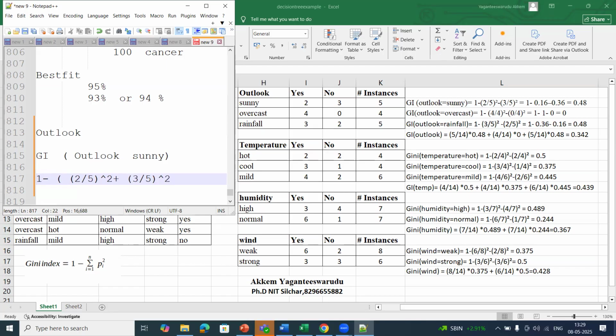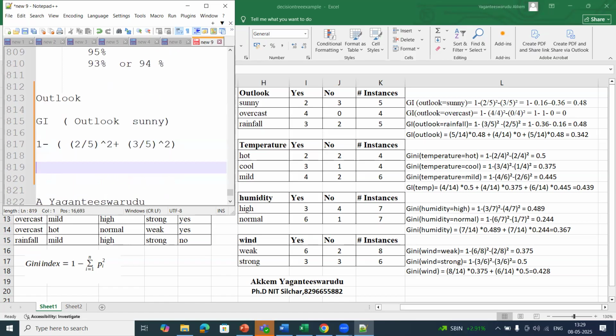And in the Excel sheet, you are seeing, right? 1 minus 2 by 5 whole square minus 3 by 5 whole square. So why I have written it this way is I remove these braces, the parenthesis. If I remove that parenthesis, the plus will come outside as minus of 2 by 5 whole square minus 3 by 5 whole square.